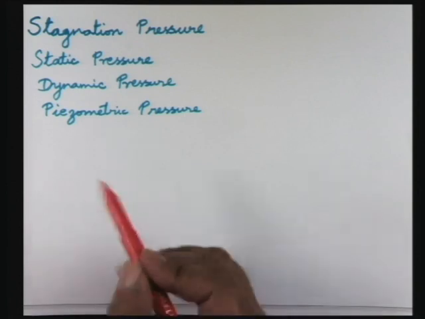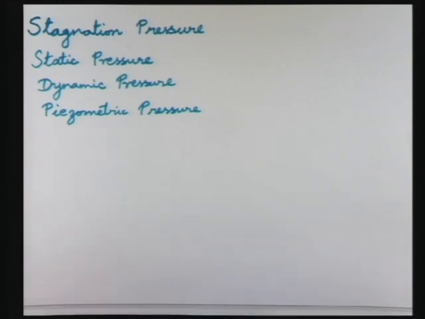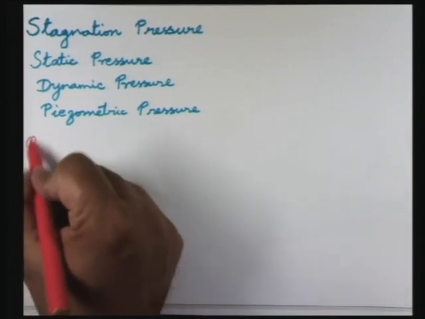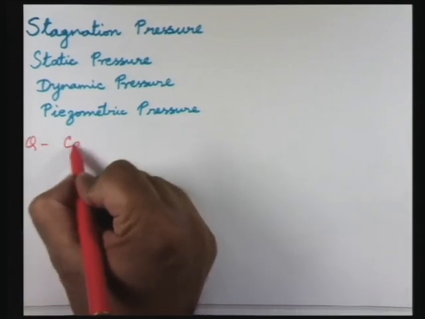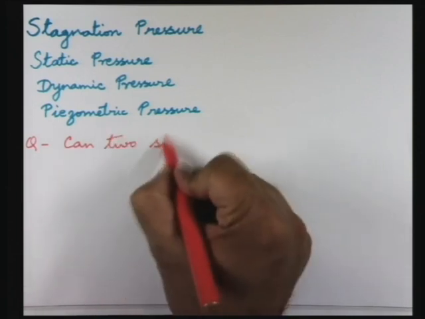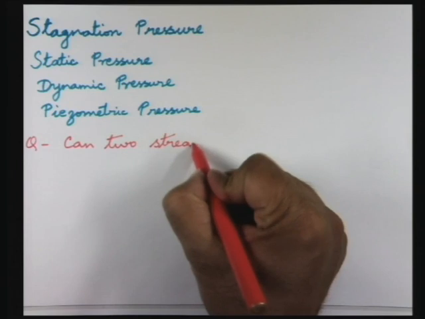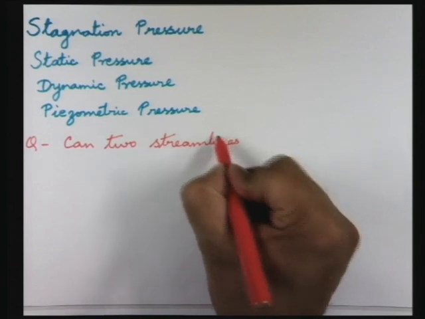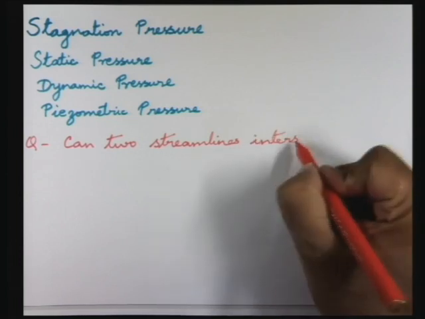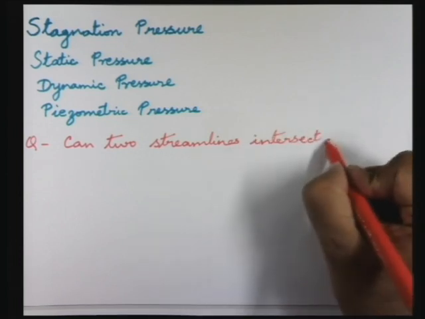So let us begin by asking a question, and you can use your Akash tablet. We'll test it out again. We did it yesterday. So let me ask you a question. Can two streamlines intersect at a point?